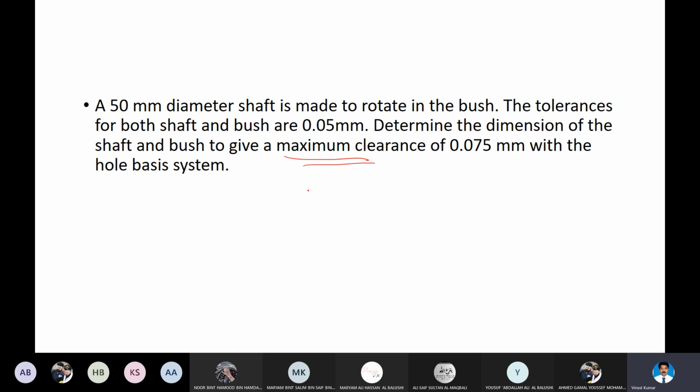Let us try. Maybe I can give you 5 to 10 minutes. Simple equations. Take 10 minutes and try to solve it. Maximum clearance, take it as 0.075. Try to solve it and give me an answer.